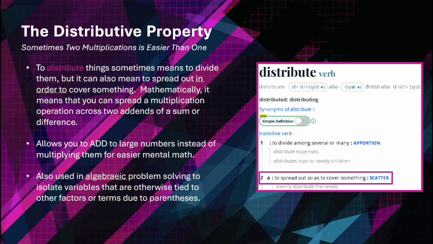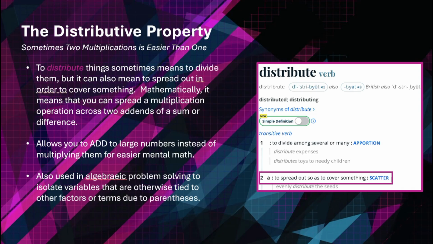Well, it means that you can spread a multiplication operation across 2 addends of a sum or difference. So instead of having to do the parentheses first and then having a potentially difficult multiplication problem to work with, you can do 2 smaller multiplication problems and then add those together, which might be easier.